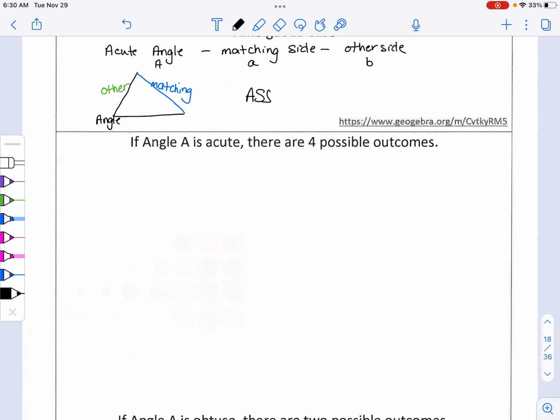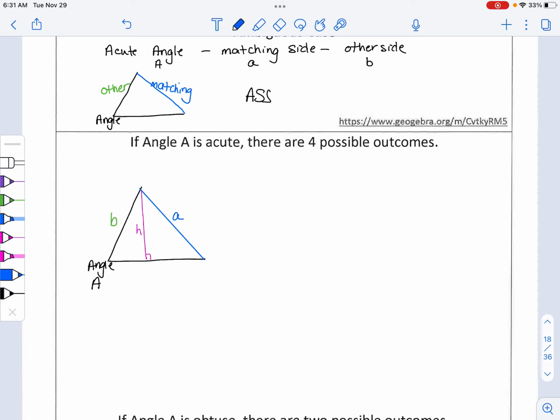So here's our situation. We have 4 possible outcomes if that given angle is acute. So let's put our angle here. I'm going to put the matching side. We're going to call this side A, and I'm going to call the angle angle A. I'm going to call the other side B. And I'm also going to add that altitude or that height in there.